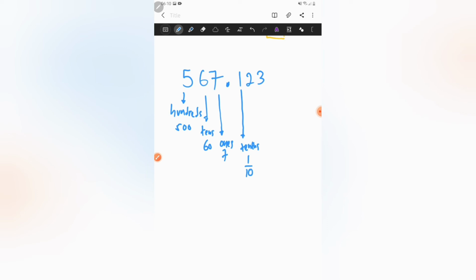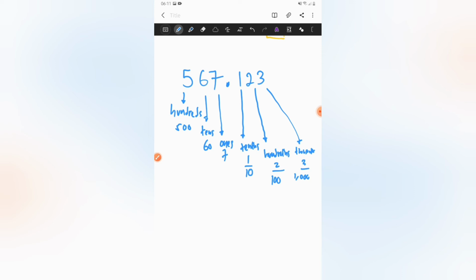The 2 is hundredths, and the value is 2/100. And the last 3 there is thousandths, and the value is 3/1000. This is how you understand the decimal by looking at their place value.